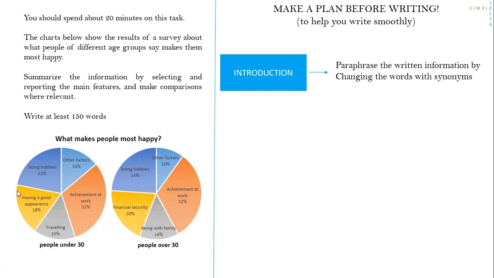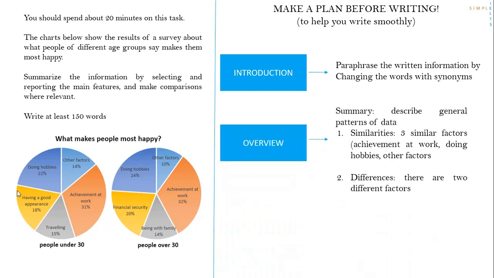By writing the synonyms, you show that your English is good because you are rich of vocabularies. And then the overview part is where you have to describe the general patterns of data.